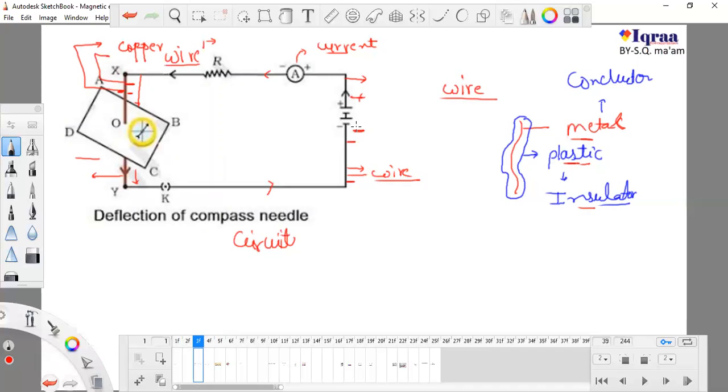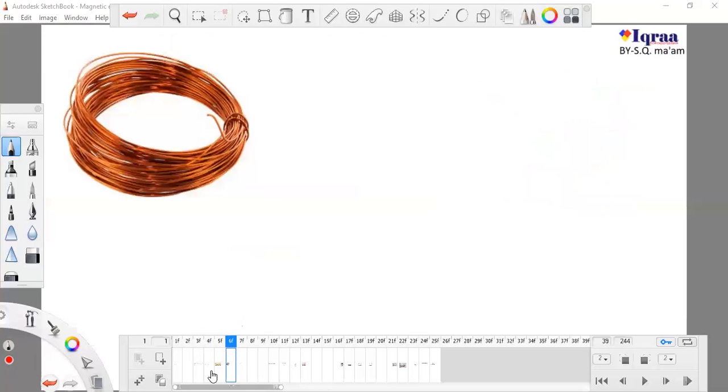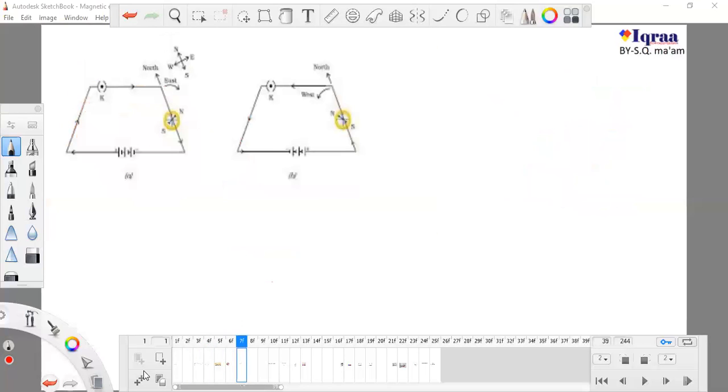Now we opened the circuit and we started to flow electricity. We studied two things in this. We studied that if this is the positive side and this is the negative side, the flow of current is always from positive to negative.